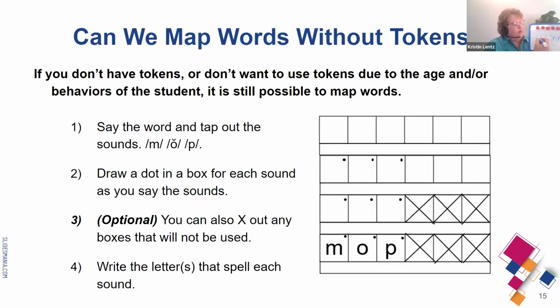Now I could go through and actually graph it, or write it, in the boxes. So this, again, is another option. You can use the tokens. I will say for some students, manipulating the tokens is a helpful scaffold. For other students, the dotting of the boxes works just as well.